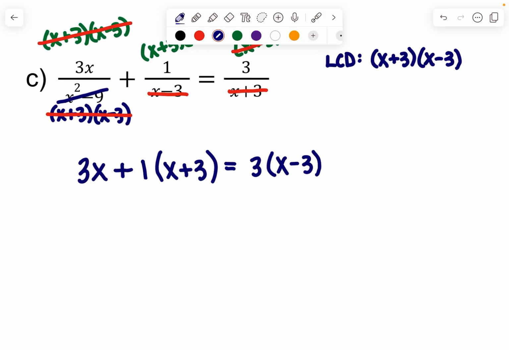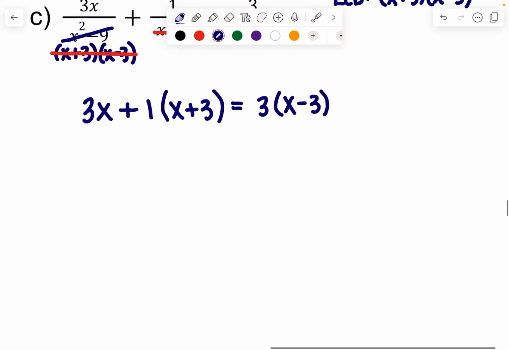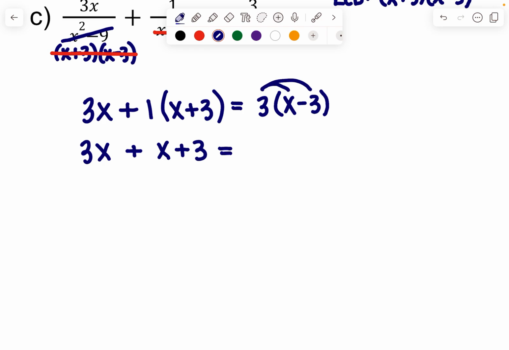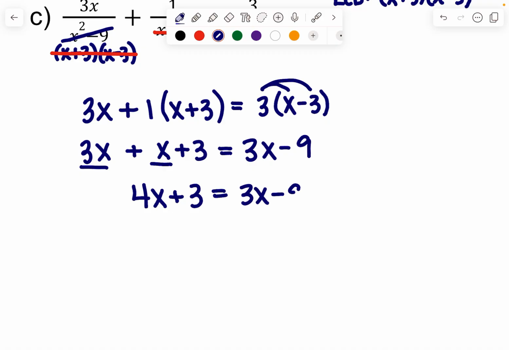Now we have an equation with no fractions, so we're going to solve like normal. So we have 3x plus x plus 3 equals, distribute your 3, and we get 3x minus 9. Combine like terms on the left. 3x plus x is 4x plus 3 equals 3x minus 9.